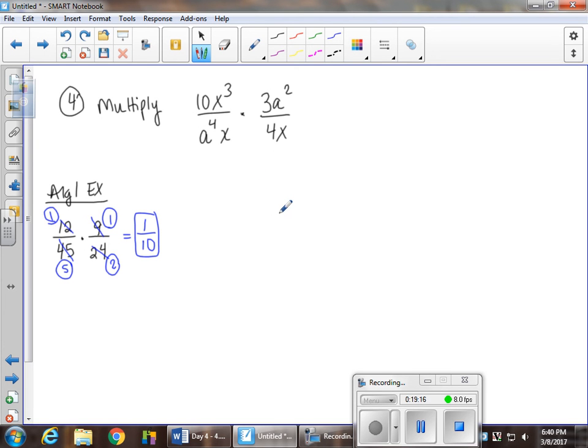All right? So first, let's look at our numbers. Diagonally, I see 10 and 4. Well, those are both divisible by 2. 10 divided by 2 is 5. 4 divided by 2 is 2. Okay. Now, at this point, we could simplify these x's. We could also simplify these x's.